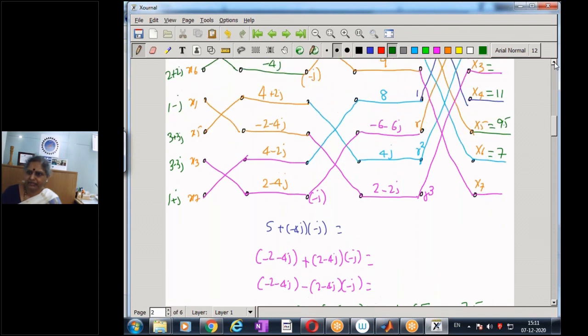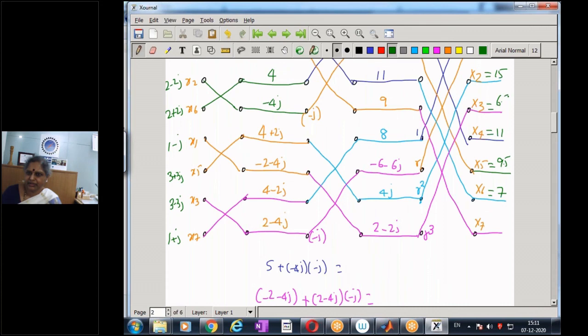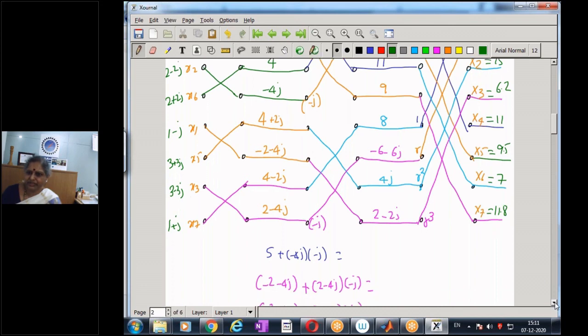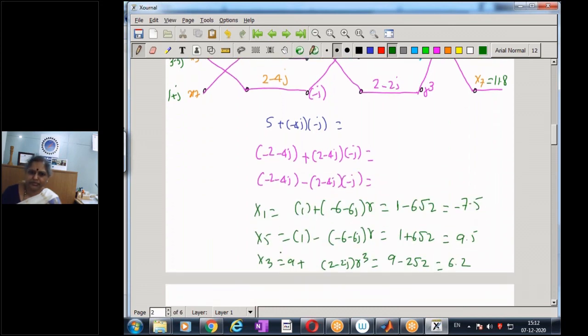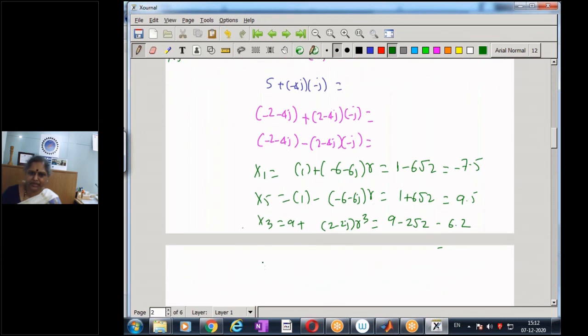And this is what we have, x3 as 6.2, and similarly when we compute x7 we'll get it as 11.8. x7 is going to be very similar to x3 computation, but with the minus sign.